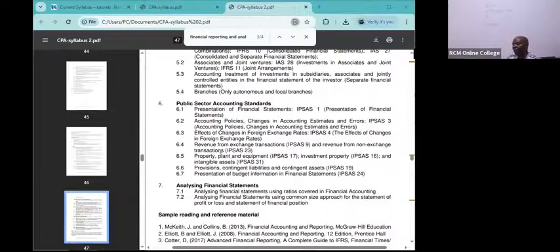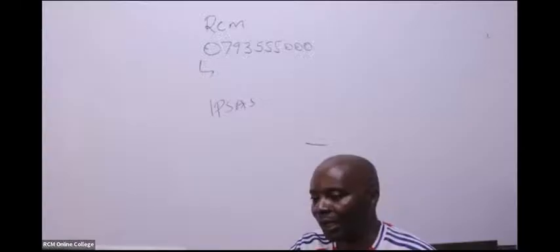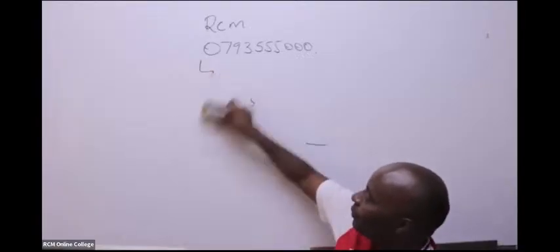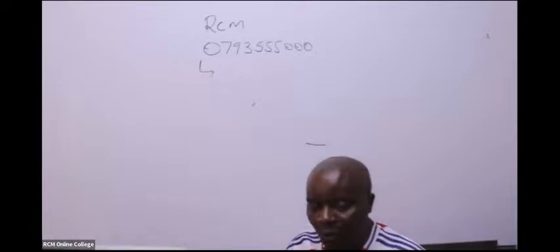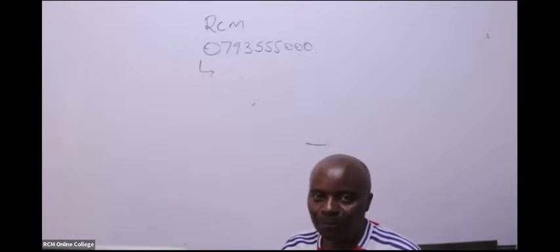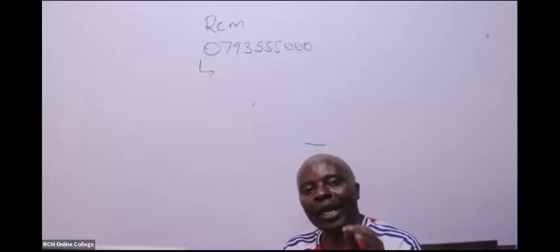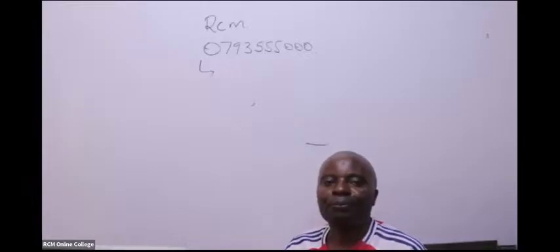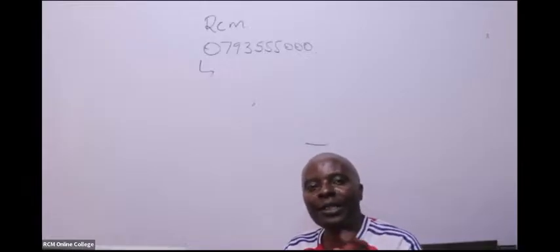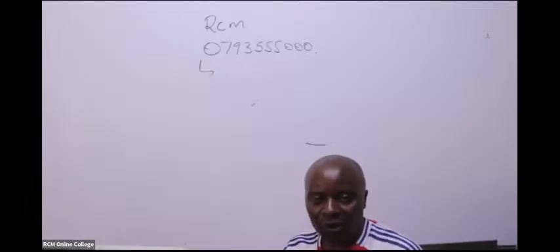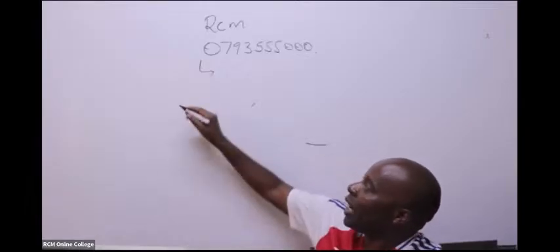Now, ladies and gentlemen, please listen to me very well. Under IPSAS, you are going to prepare what we call a statement of surpluses and deficits, which we shall be calling a statement of financial performance. Under this statement, you are going to have incomes and expenses.